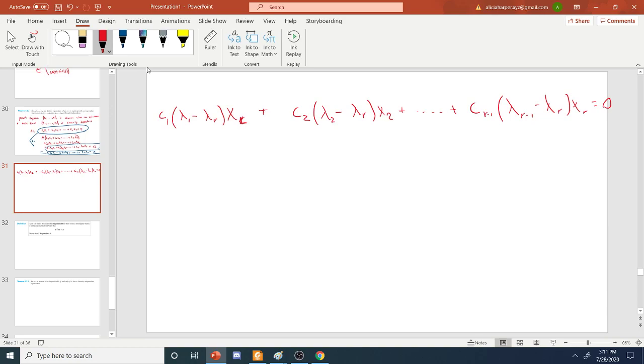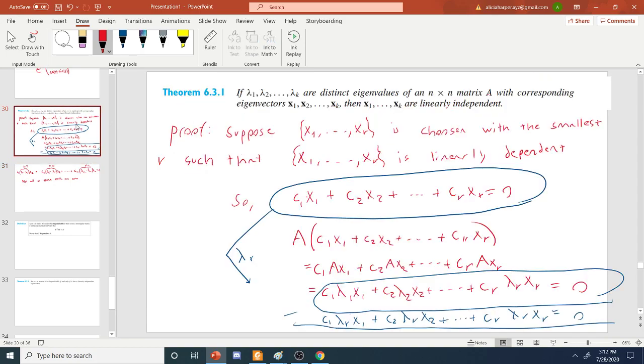Now, not all of these coefficients are 0. In particular, the differences in parentheses are never equal to 0, because we've assumed that these vectors have distinct eigenvalues.